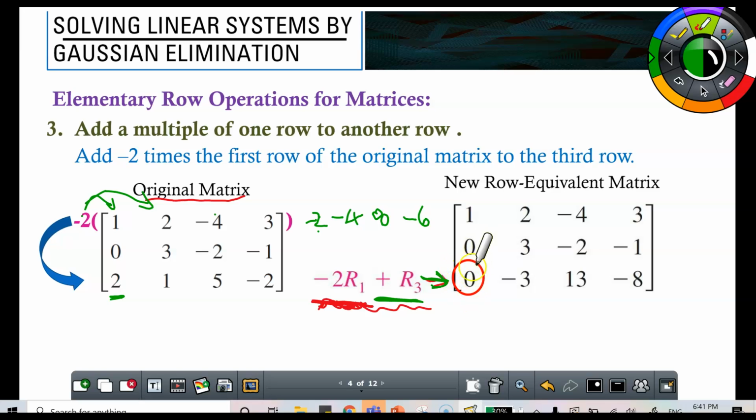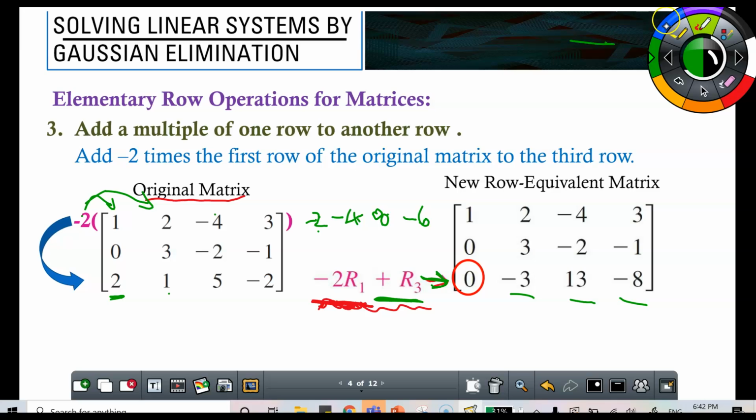So your new third row's first element is 0. -4 plus 1 gives you -3. 8 plus 5 gives you 13. -6 plus -2 gives you -8. So this is your new third row after the transformation of the numbers in the first row, then adding the old third row. We have the new third row.